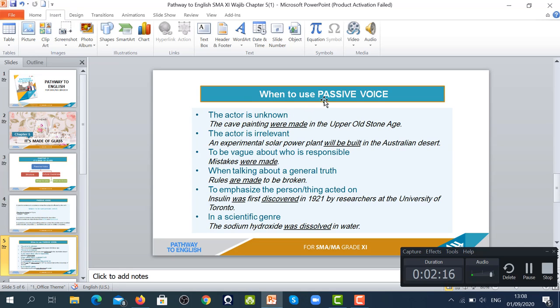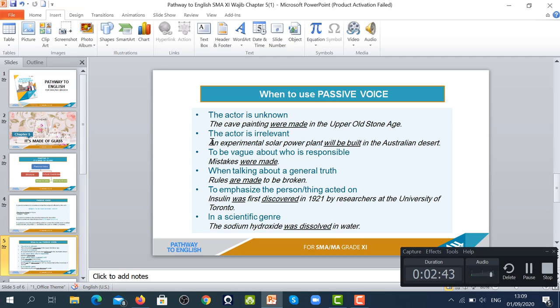And then when we use passive voice, of course, for the first is when the actor is unknown. For example, like this: the cave paintings were made in the Upper Old Stone Age. And then the second, we use passive voice when the actor is irrelevant.